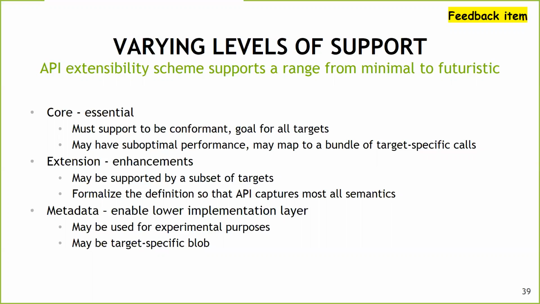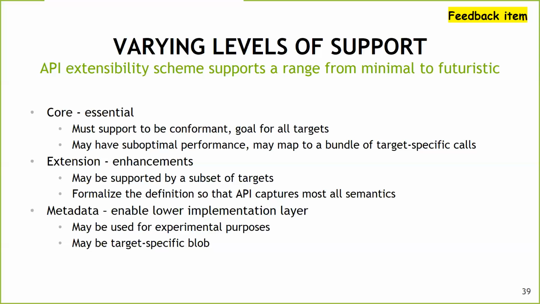You might say, well, why not make it a free-for-all? The key thing is that we're trying to make the API capture all the semantics that we have, so that when you call a given API, you know what it is supposed to do. We're trying to minimize extra things that aren't specified. We also know that we're all inclined to push the envelope, so we're going to need an experimental way to do things.